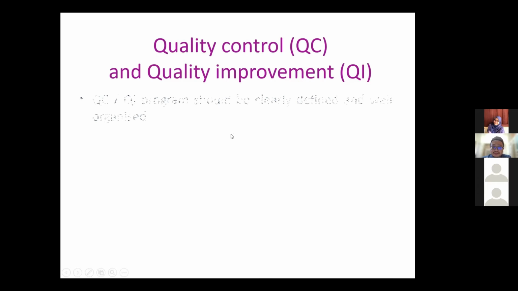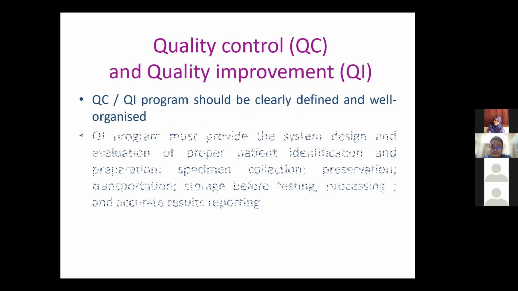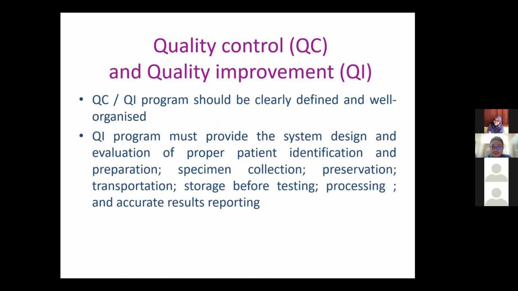Okay. So all these fall under the QC and QI, yeah, quality control and quality improvement. This should be clearly defined and well organized before kita dapat ISO tu semua ni kena ada. So QI program must provide the system design and evaluation of proper patient identification and preparation, specimen collection, preservation, transportation, storage before testing, processing, and how results are being reported.